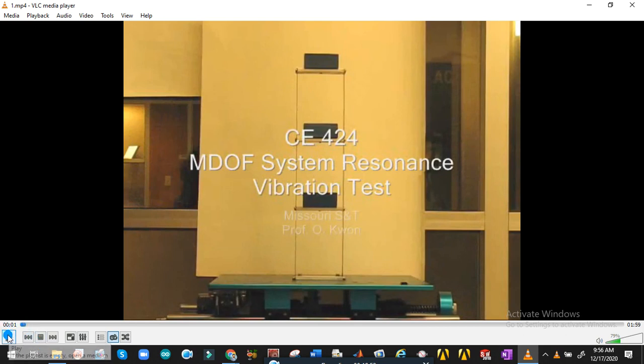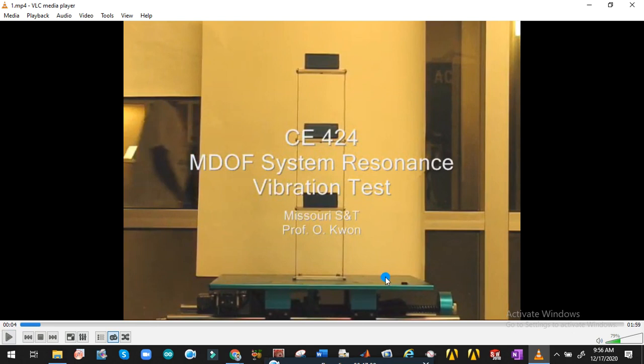Let's consider its motion. Please pay your attention. This is the shaker. We are providing a particular excitation frequency. Vibration is starting at a very low frequency, and we will see that a time will come when this system will excite at the lowest natural frequency.